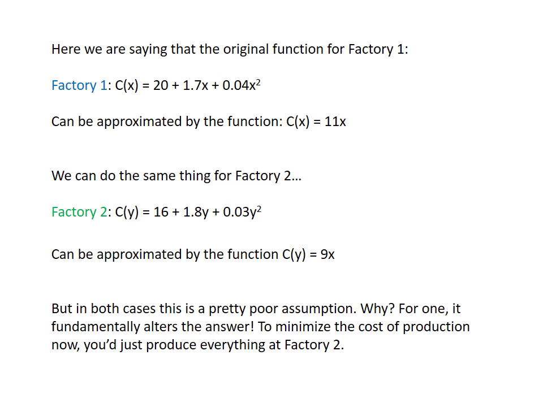But if we use linear approximation on each of the cost functions, so we're modeling the cost of producing at factory 1 as 11x, and the cost of producing at factory 2 as 9y, then it's clear that to minimize the cost of producing 260 units, we would just produce everything at factory 2, because it costs us 9 dollars or cents or whatever to produce each unit, as opposed to 11 dollars or cents at factory 1. And so we got a fundamentally different answer here that's not representative of reality.